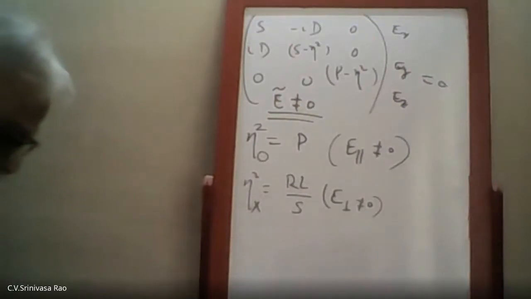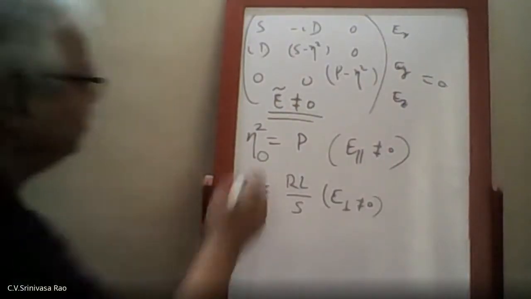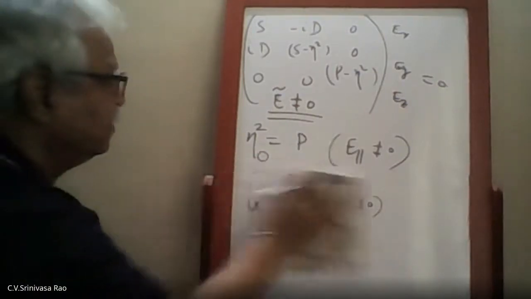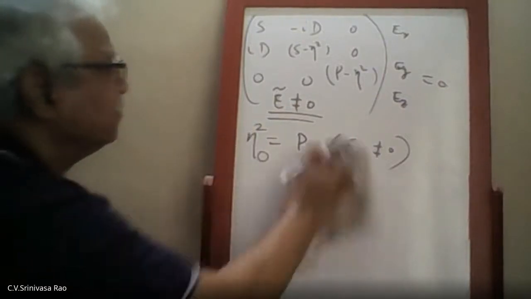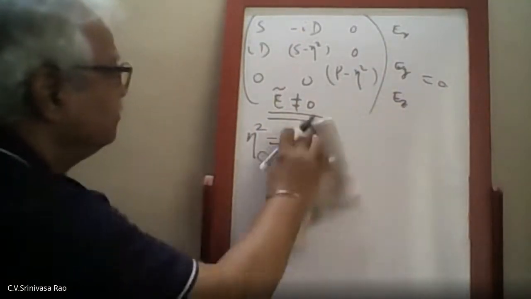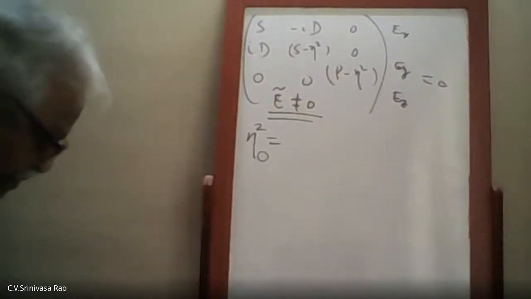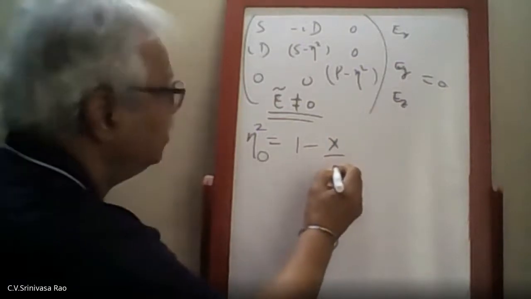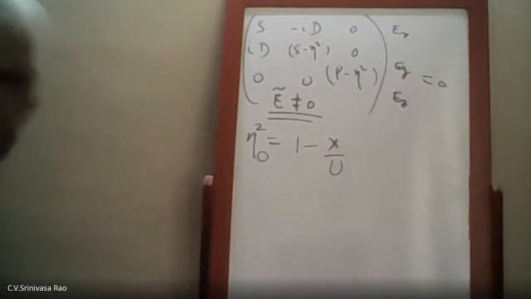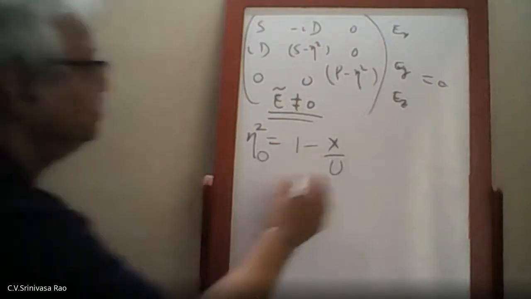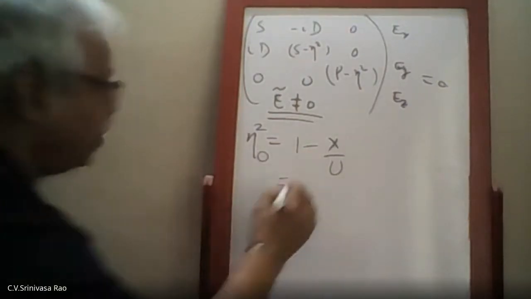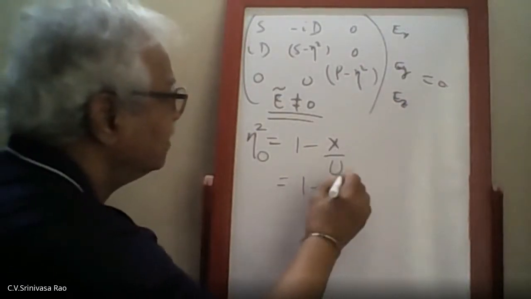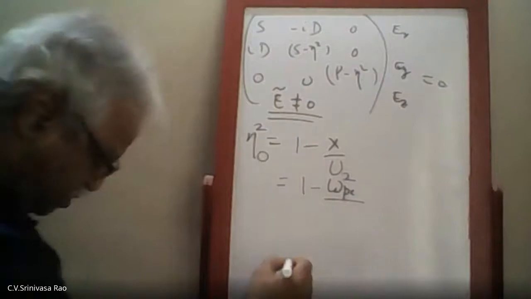So then when you put that, you'll see that the first one, I think I'll drop this off. So this becomes 1 minus x by u. Now again putting the values for x and u, you'll see that this is equal to 1 minus omega pe squared divided by omega squared.